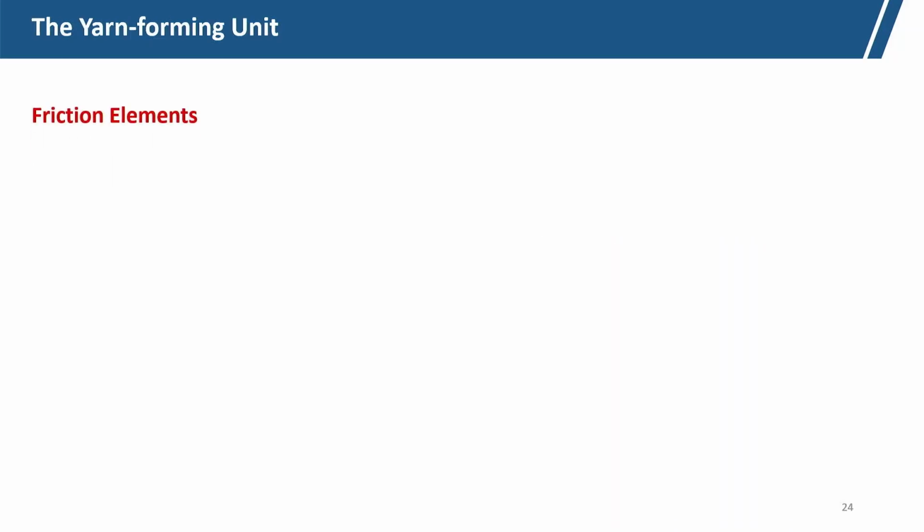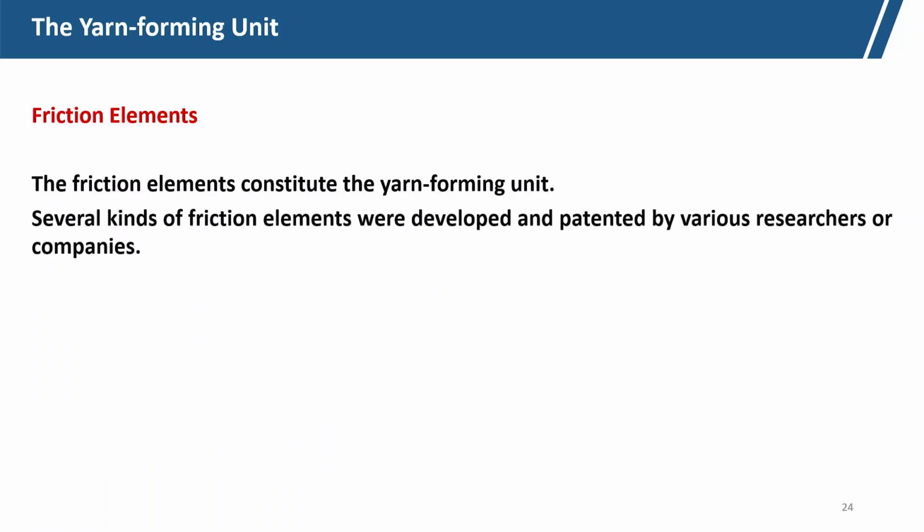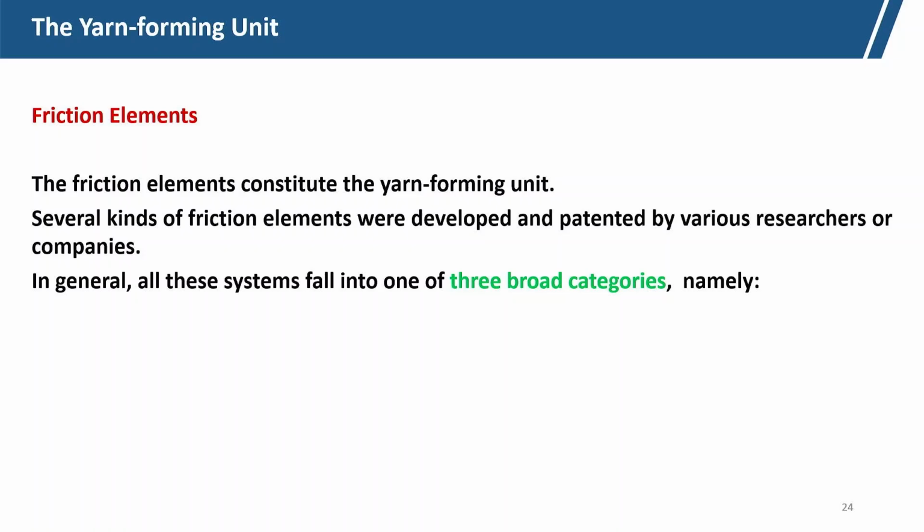Now, after the fiber feeding, coming to the yarn forming zone. The yarn forming zone consists of friction elements. Several kinds of friction elements have been developed. In general, all these fall into 3 broad categories. What are these?